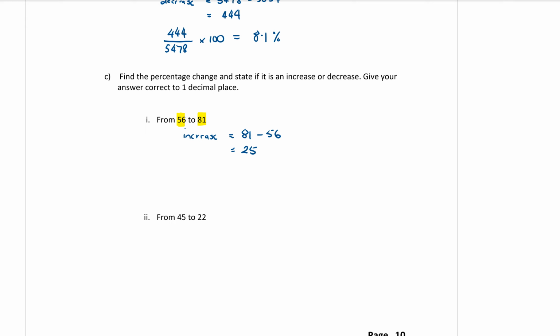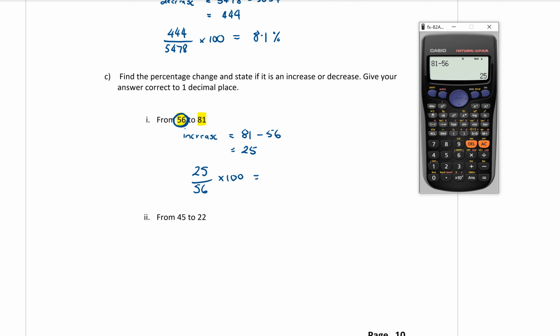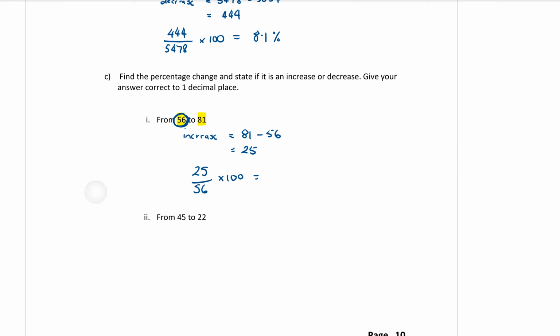Then to find that as a percentage, you start with 25 and put it over the first number, the starting amount, which is 56, times by 100 to make it a percentage. 25 over 56 times by 100. Again, I have to press the SD button to make it a decimal, and we want one decimal place again. So we want 44.6. So the 6 is the one decimal place. There's a 4 after that, which will round down. So 44.6%.